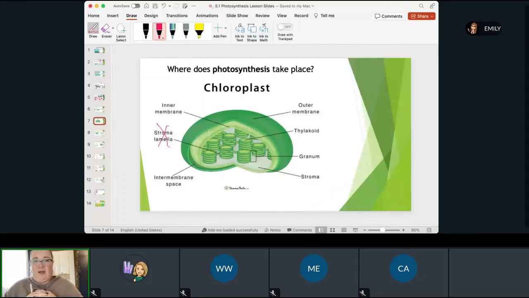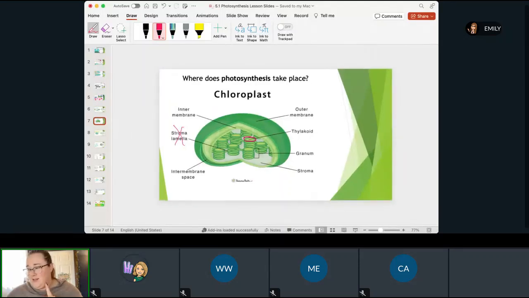The two most important parts, okay, I guess really three. You have the pancakes, you have the stack of pancakes, and then you have the syrup, okay? So in a chloroplast, there are all of these green discs, all of these little green circles right here. One single pancake is a thylakoid, okay?